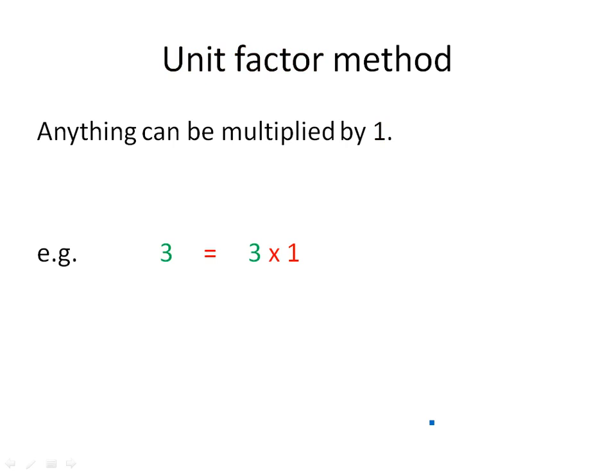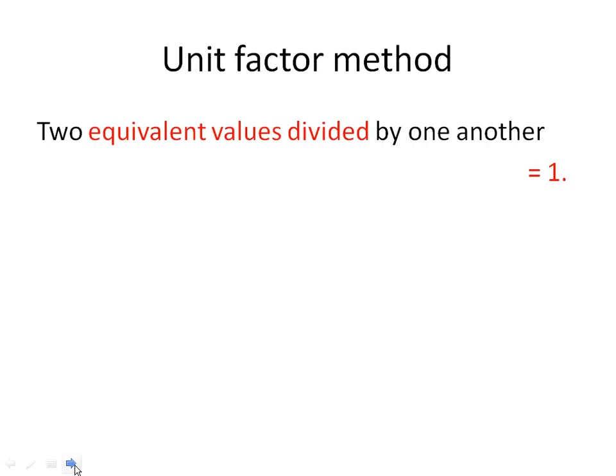Now that might seem very unuseful to you, but if we also realize that 2 equivalent values divided by one another equal 1, then this method becomes useful. Obviously something like 3 divided by 3 equals 1.